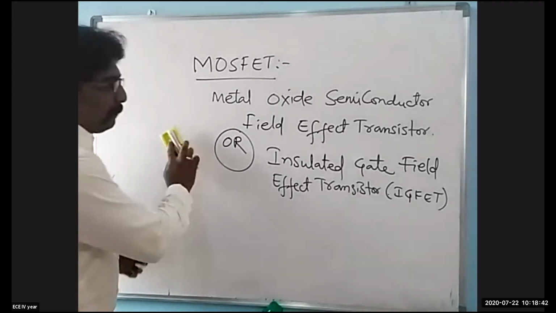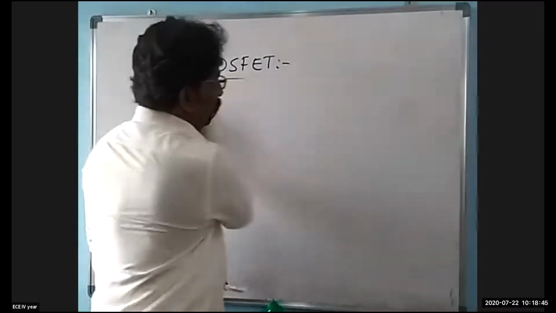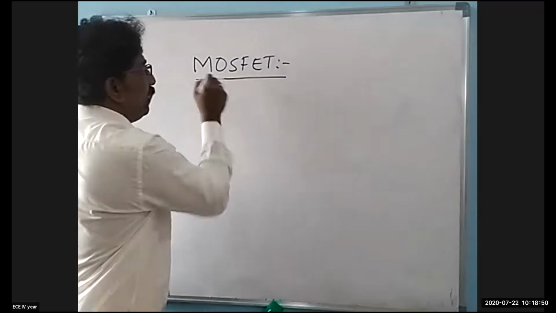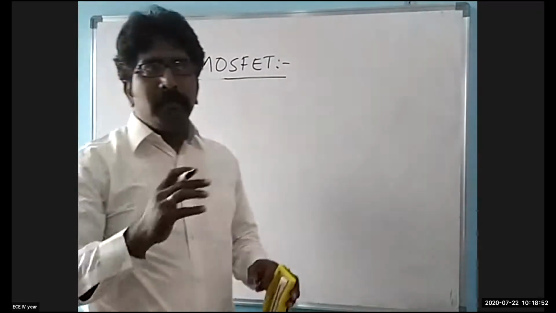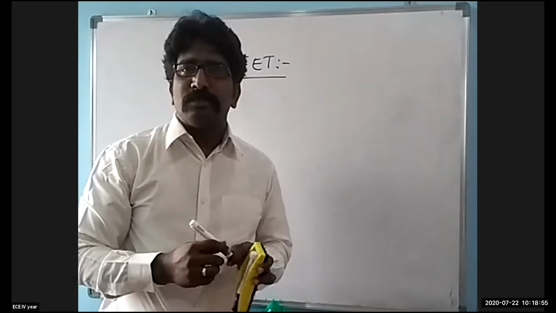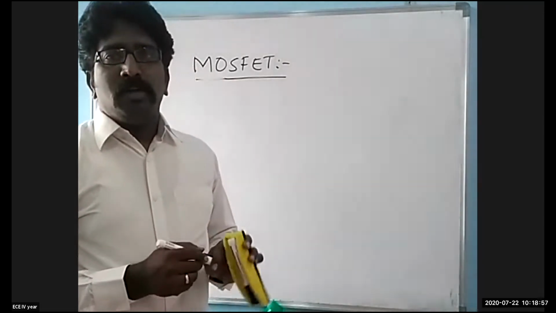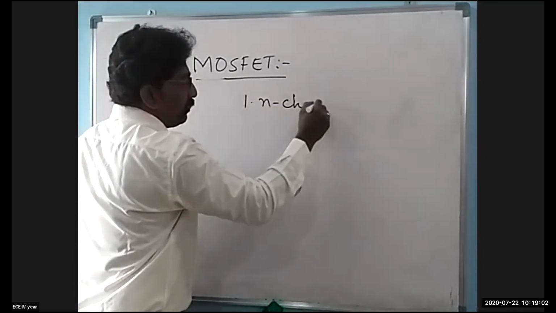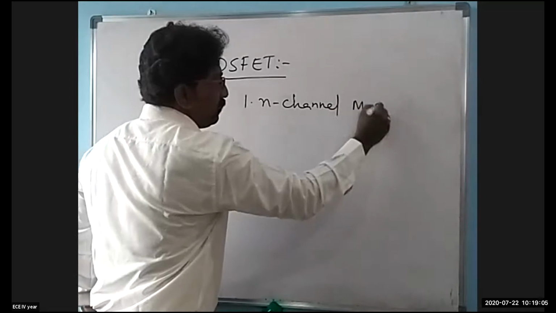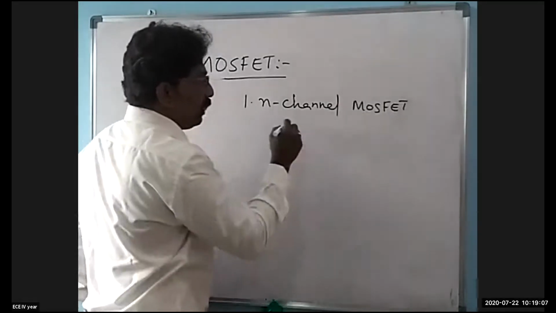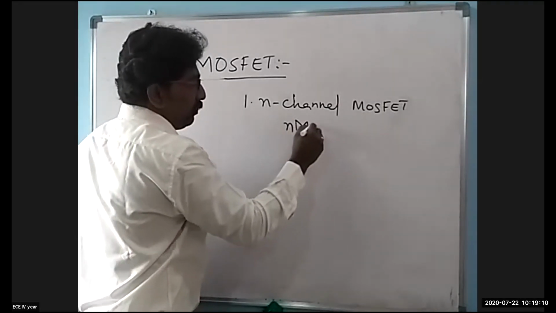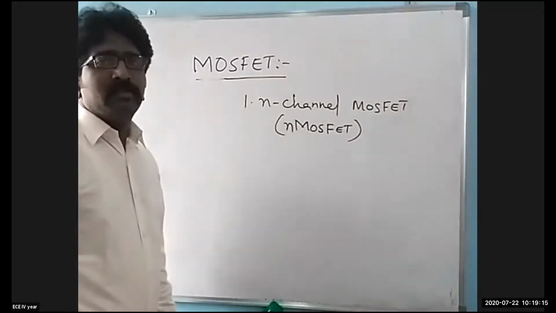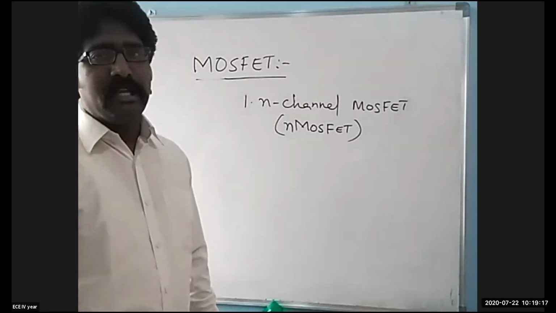Now coming to the types of MOSFET. Depending upon the impurities or the charges, MOSFETs are basically divided into two main types. The first one is called N-channel MOSFET, also called nMOS, depending upon the negative charge carriers.